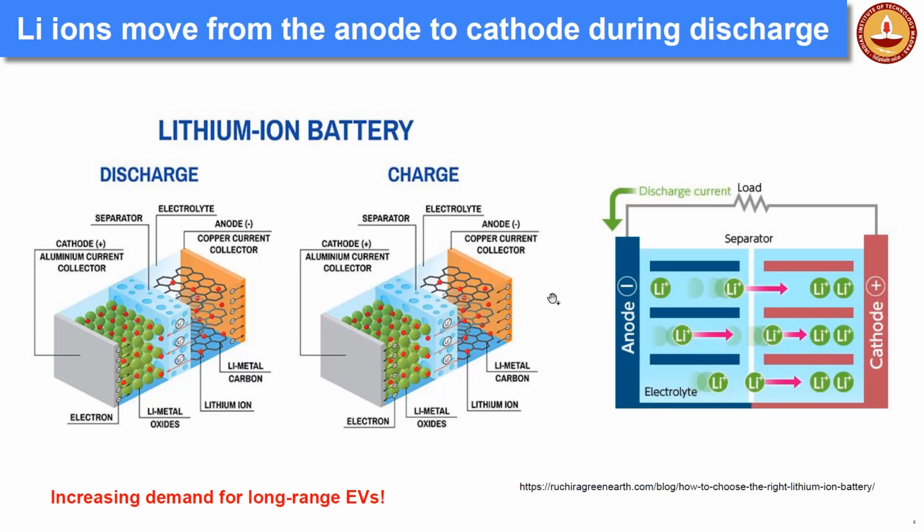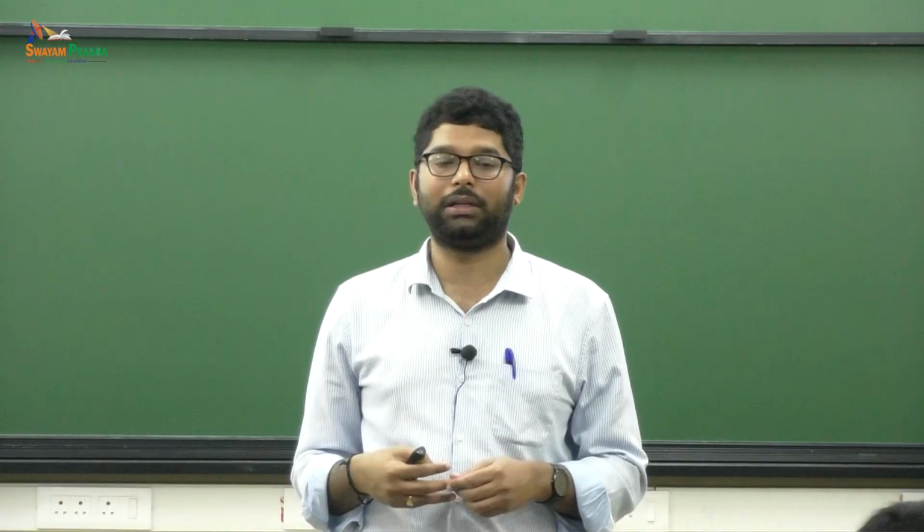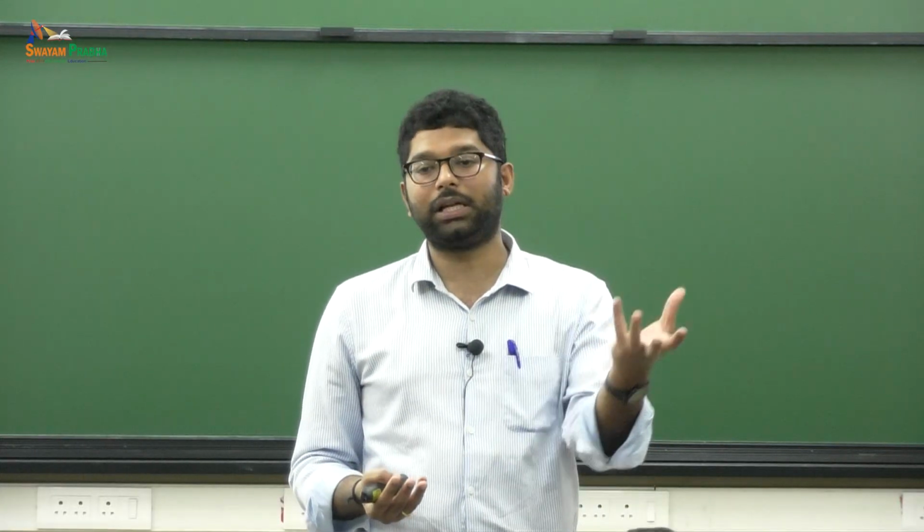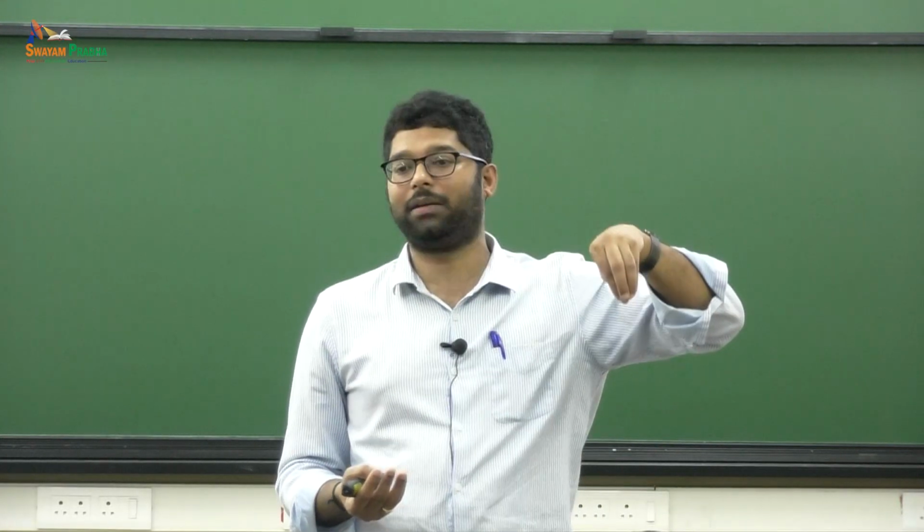But here, this is the general setup where you can clearly see one is the anode, another one is the cathode. Typically the cathode is the host material, a normal material of lithium, like lithium cobalt oxide or something like that. So this is like a 3D material that will contain the lithium atoms by itself.